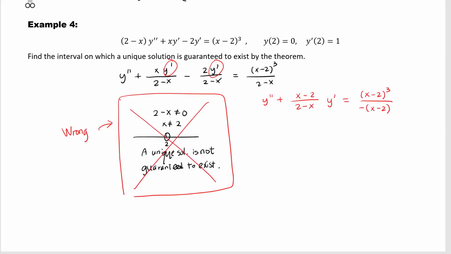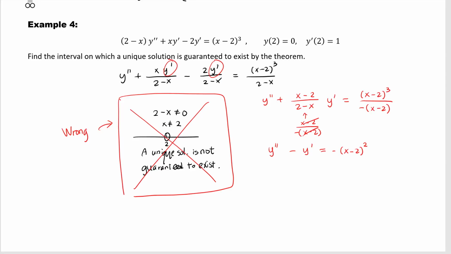Oops, so you can see here, this is actually (x minus 2) over negative (x minus 2). You can actually cancel it. So you get y prime prime minus y prime equals negative (x minus 2) squared.